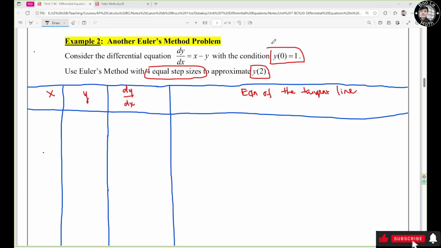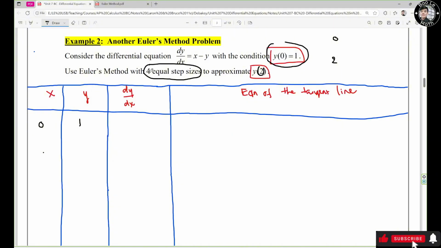Given the initial condition x equals 0, y equals 1, you put 0, 1 right here.